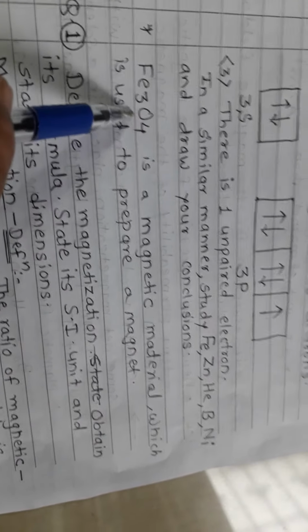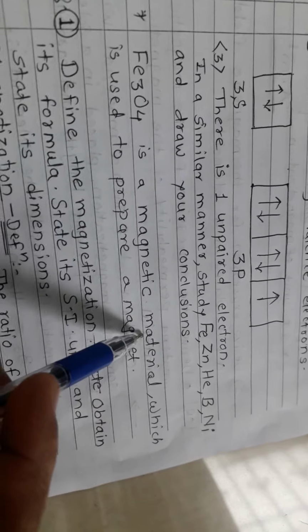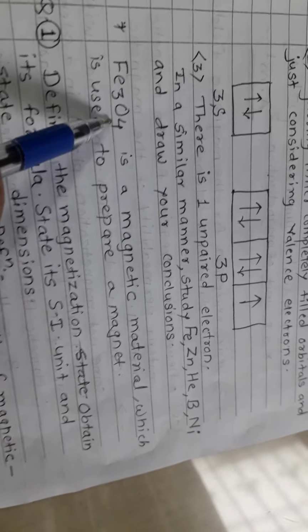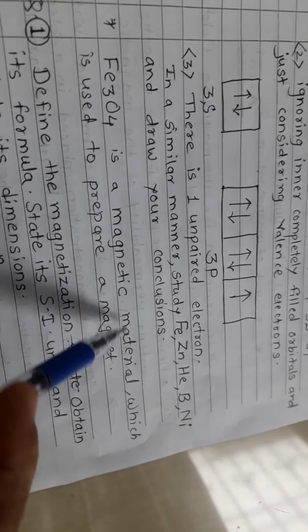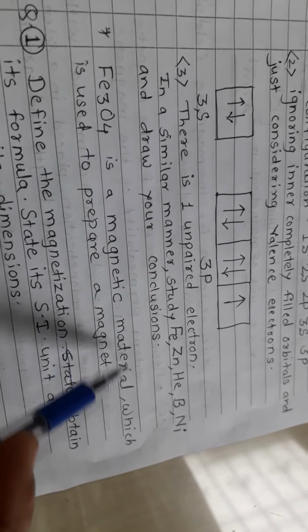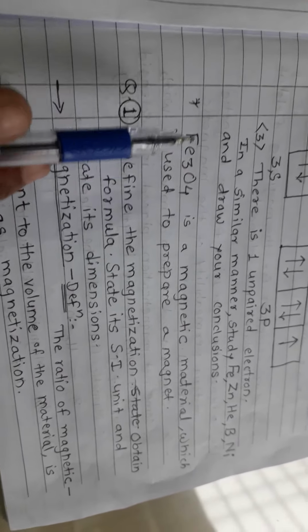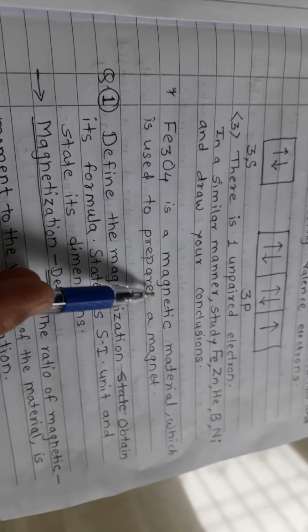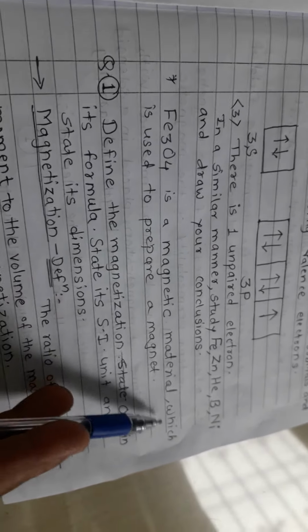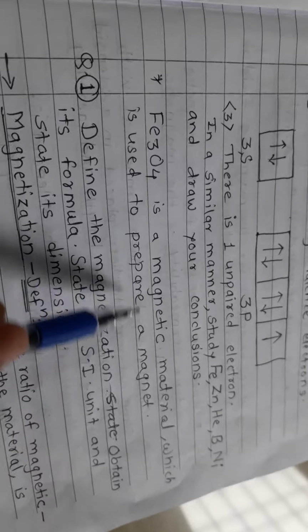See here, Fe3O4 is a magnetic material, that is hematite is a magnetic material which is used to prepare a magnet. That is here, this is an oxide of iron which is a magnetic material and which is used to prepare a magnet.